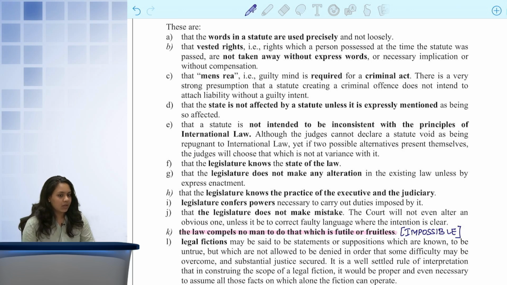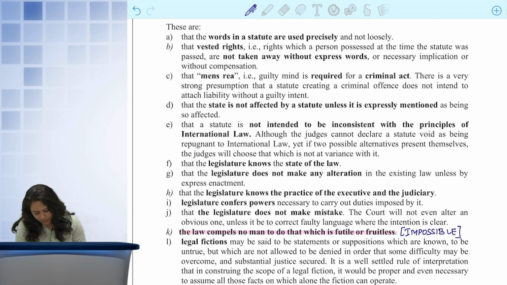Second example: if a father puts a condition on the son saying that only if you marry this girl, I will grant you an estate, and the said girl passes away, then the son will not be able to perform that activity because it is impossible to do so. He cannot marry a dead person. Correct? So the law will never compel a man to do something which is impossible. This is the first presumption.